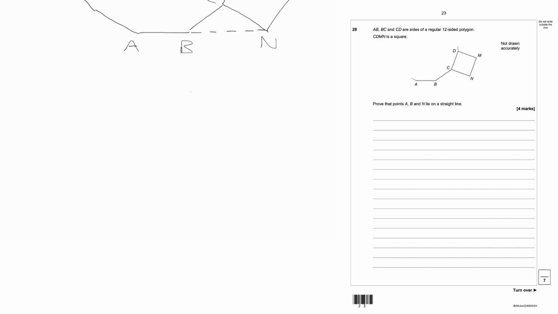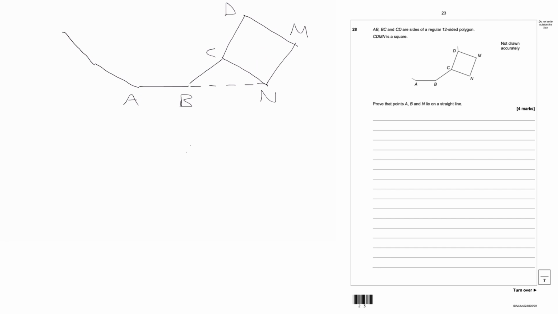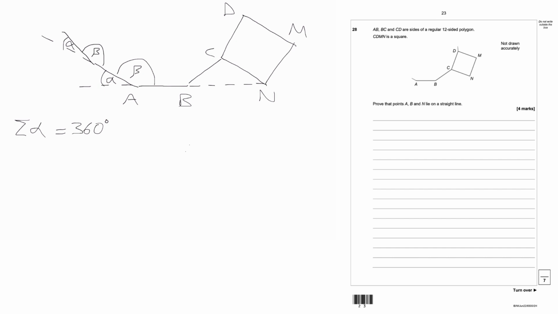What we first want to do is work out the exterior and interior angles of our shape. For a regular polygon, I'm actually just going to mark these angles. I'm going to call the interior angles beta, and I'm going to call these exterior angles alpha. For exterior angles of a regular polygon, the sum of these angles, which we've called alpha, is equal to 360 degrees.